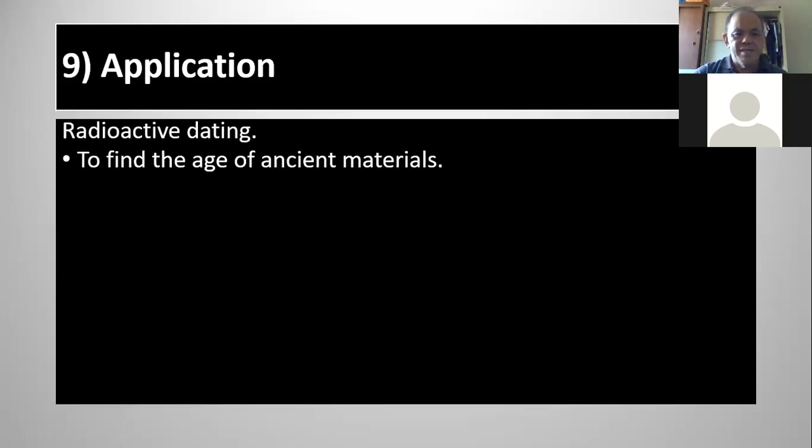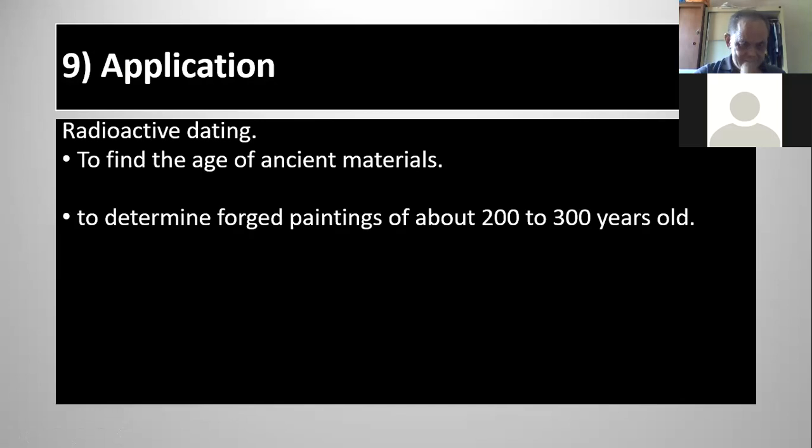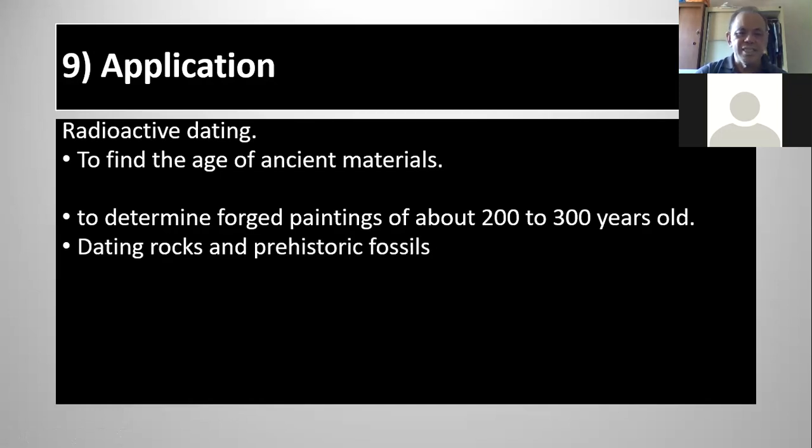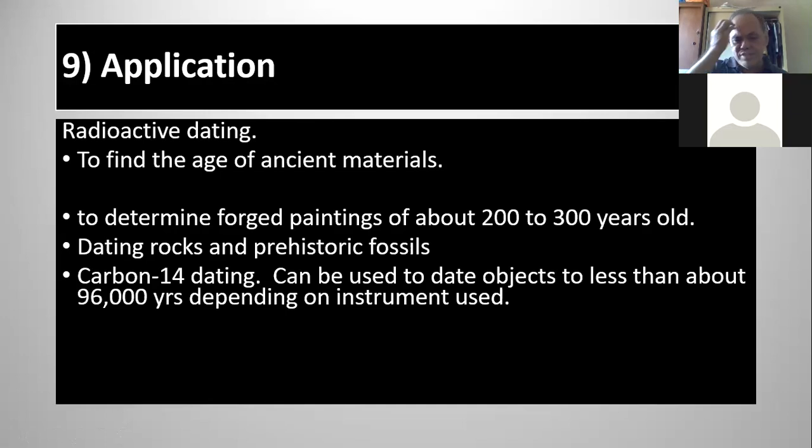Application: dating, the age of ancient material. Determine a forged painting from about 200 to 300 years ago, dating rocks and prehistoric fossils. Carbon-14 dating can be used to date objects to less than 96,000 years, depending on the instrument used. Modern instruments can detect to about 96,000.